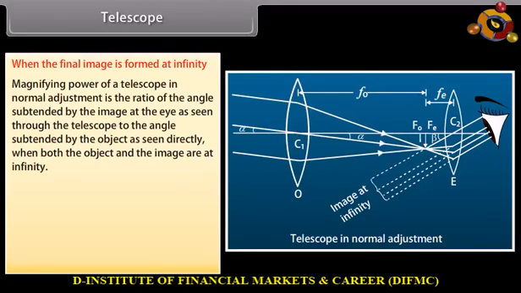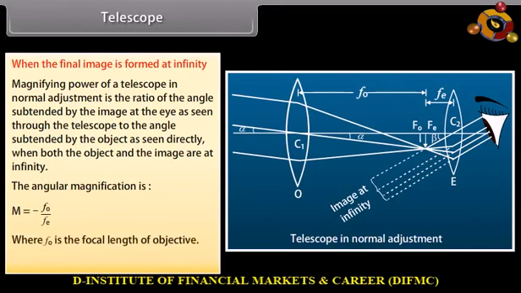Magnifying power of a telescope in normal adjustment is the ratio of the angle subtended by the image at the eye as seen through the telescope to the angle subtended by the object as seen directly when both the object and the image are at infinity. The angular magnification is M is equal to minus FO/FE, where FO is the focal length of objective, FE is the focal length of the eyepiece.